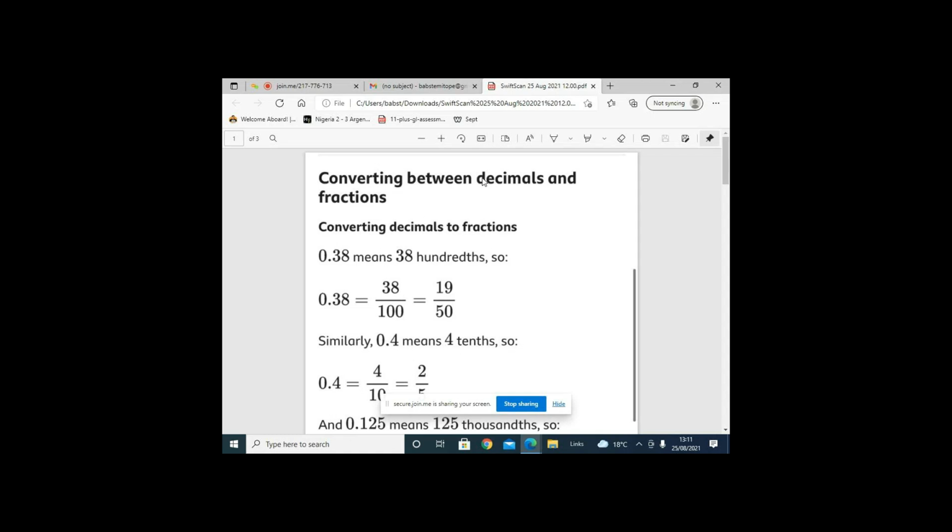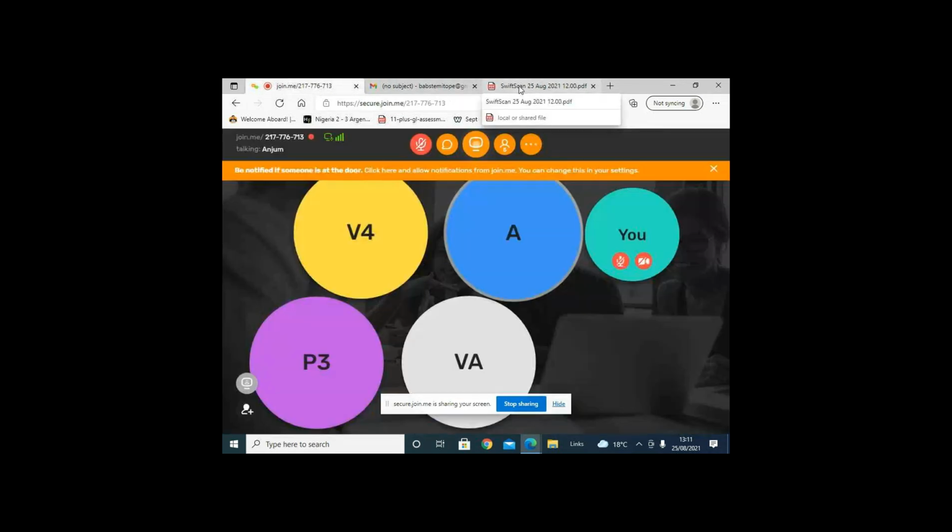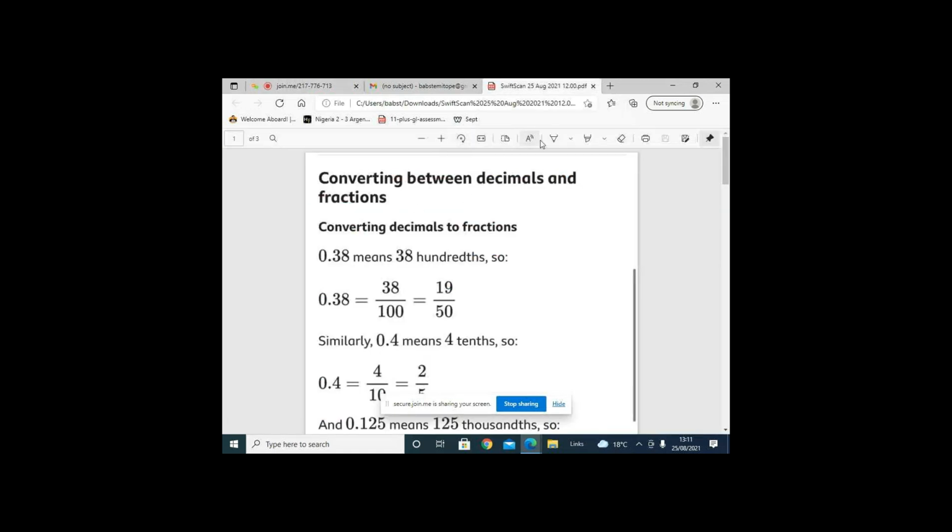So today is the final section of percentages. We want to convert between decimals, fractions and percentages. So this is about converting. The topic is learning outcomes 2 and 6: decimals, fractions and percentages.